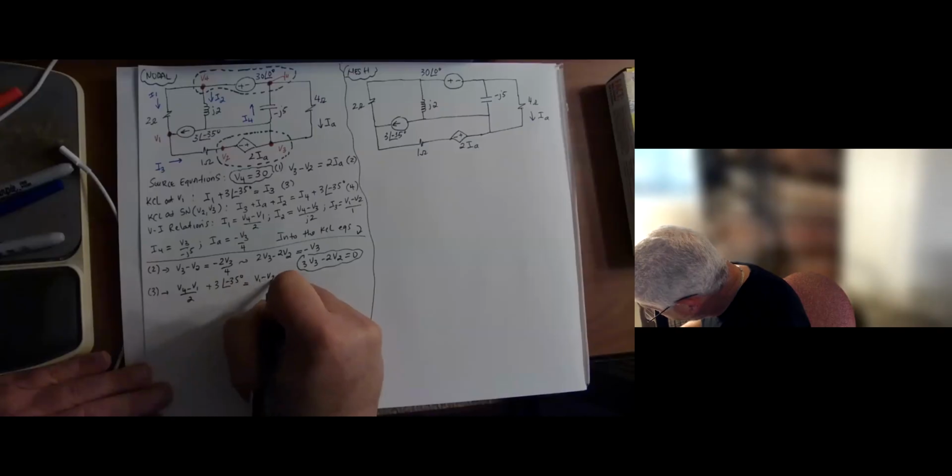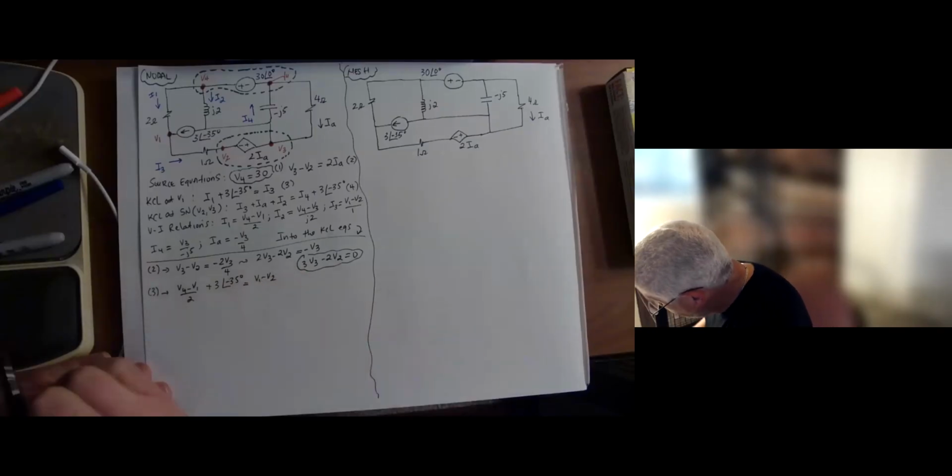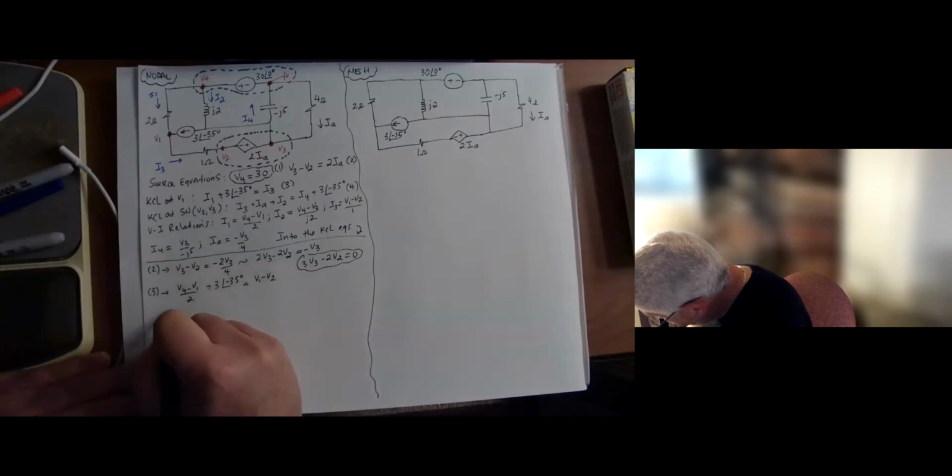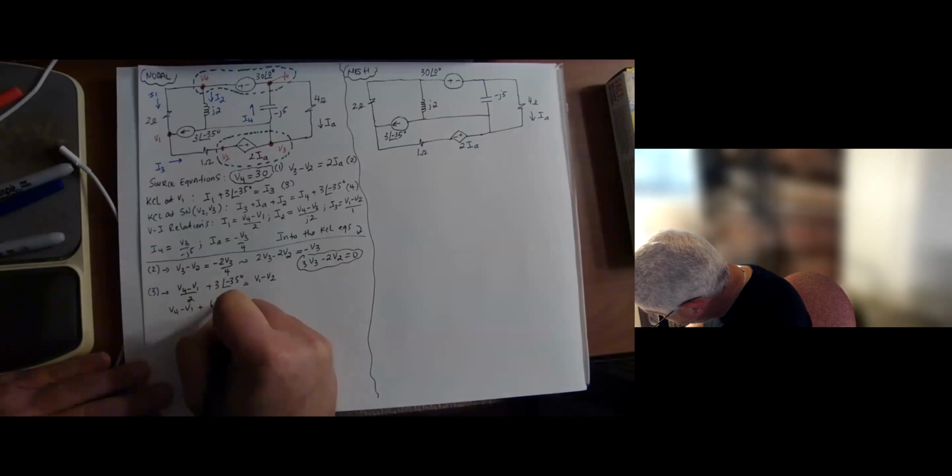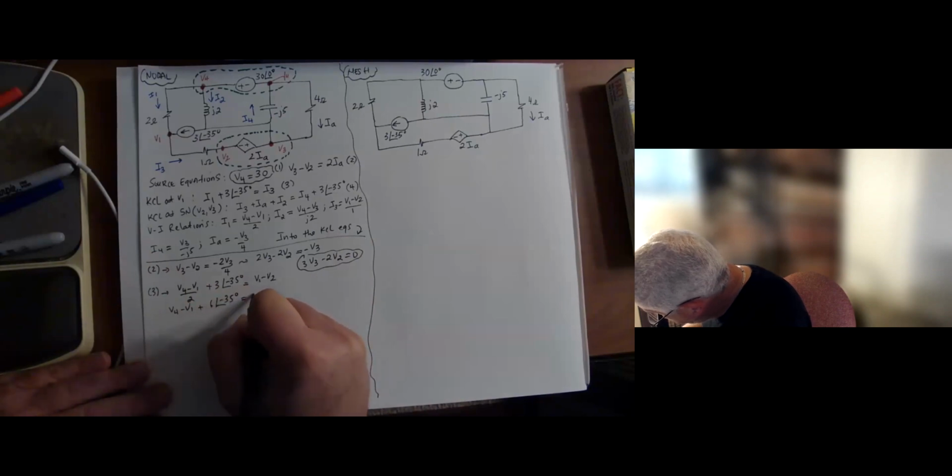So equation 3: I1, V4 minus V1 over 2, plus 3 at an angle minus 35, equals I3, V1 minus V2. I can multiply the whole thing by 2, so we get V4 minus V1 plus 6 at an angle minus 35 degrees equals 2V1 minus 2V2.